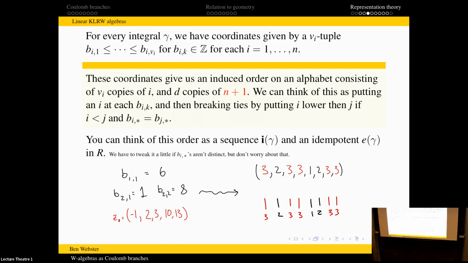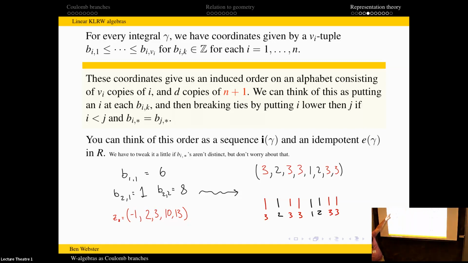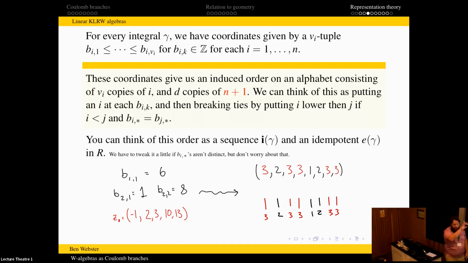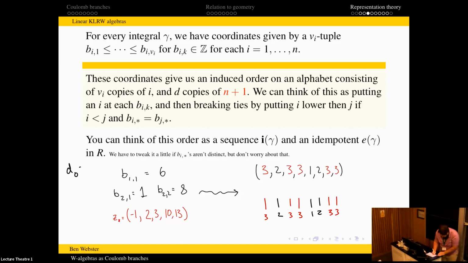So the way I'm going to do all my accounting is I'm going to look at my co-character. I'm going to look at the weights it has on C^{v_1}, C^{v_2}, C^{v_3}, etc. So this is an example where d_0 equals 1, d_1 equals 1, d_2 equals 3.